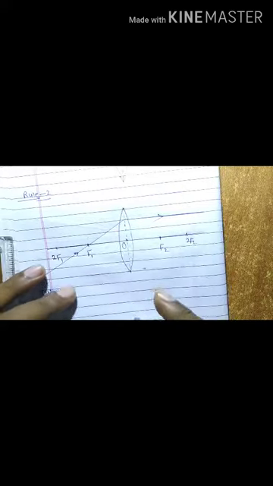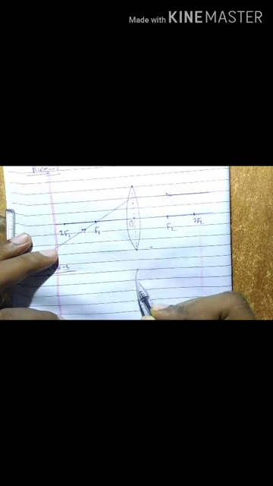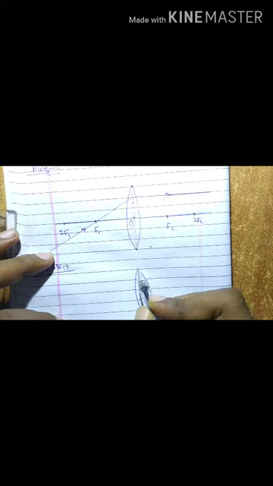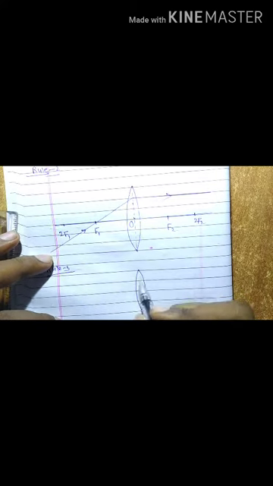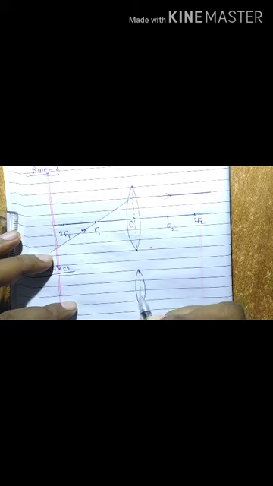Rule number 3. I will make a smaller diagram. You have to understand only. Reference line I will take here. Sorry, this is not a dotted line. You have to take a dotted line.